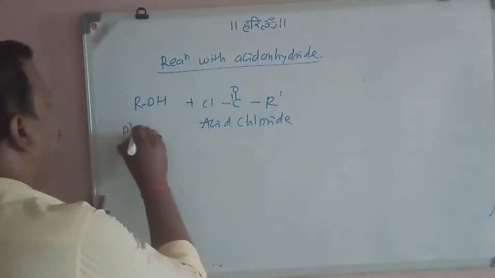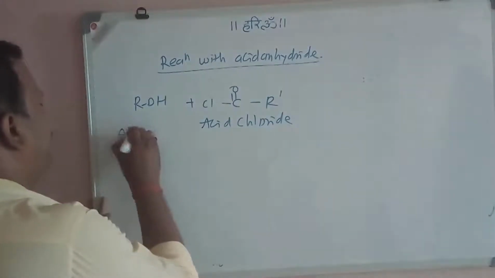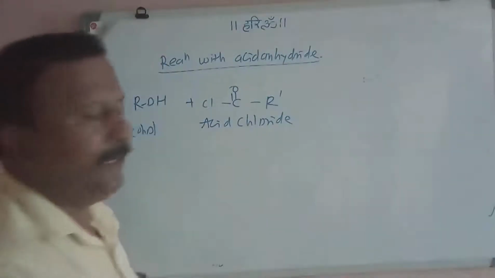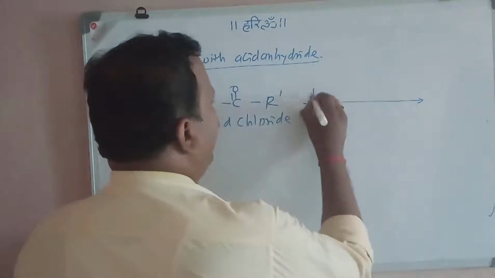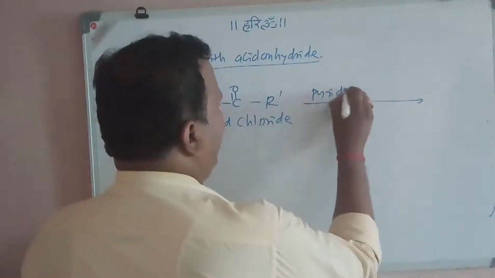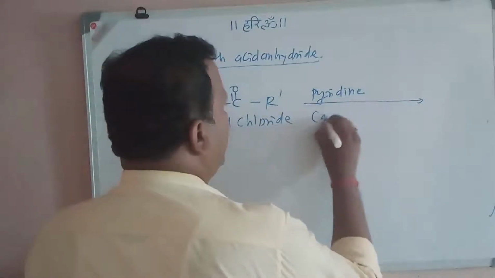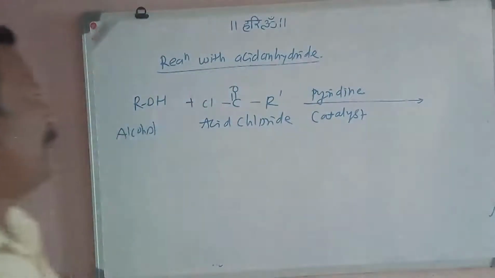So alcohols when reacted with acid chloride, okay, but this reaction is carried out in the presence of a catalyst like pyridine. A catalyst is required for this reaction. The catalyst used is pyridine.